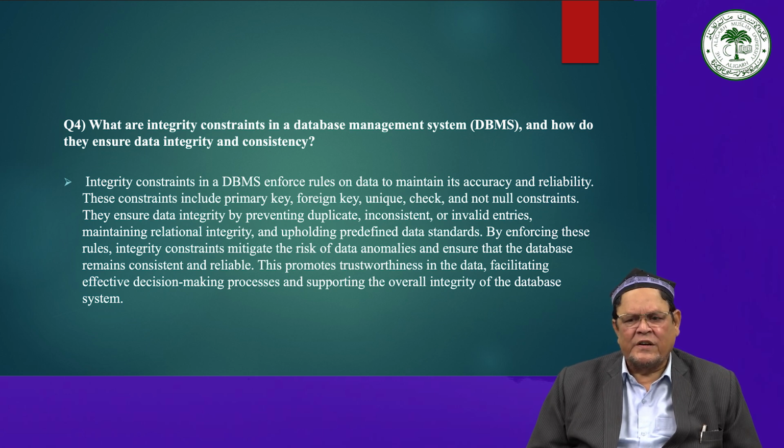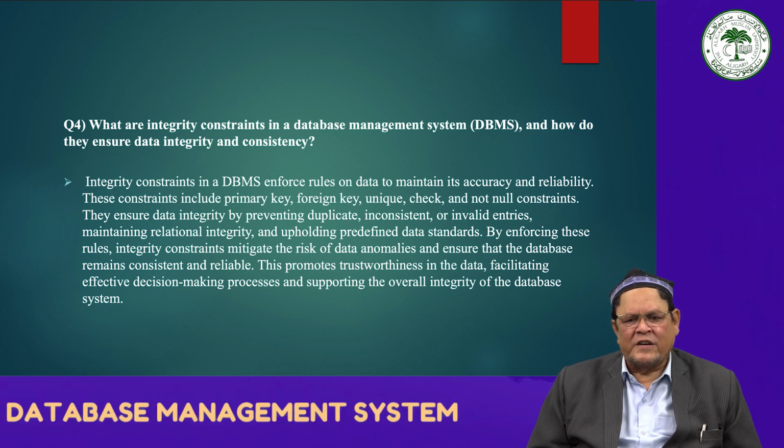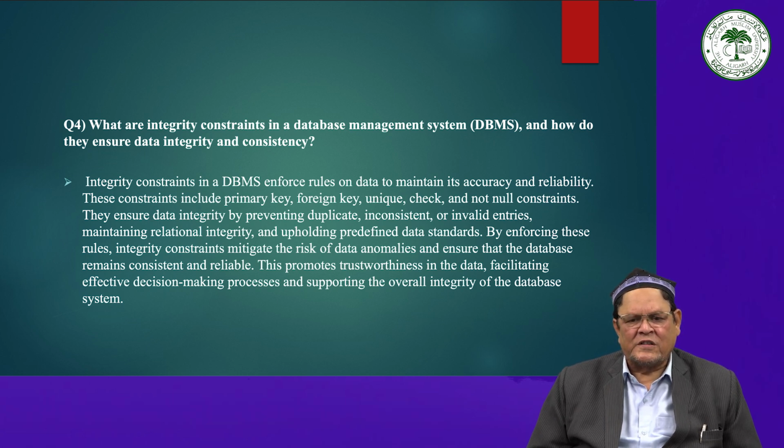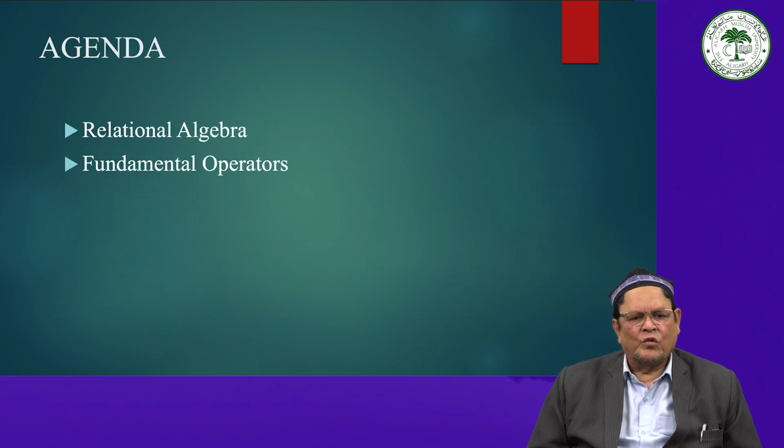They ensure data integrity by preventing duplicate, inconsistent, or invalid entries, maintaining relational integrity, and upholding predefined data standards. By enforcing these rules, integrity constraints mitigate the risk of data anomalies and ensure that the database remains consistent and reliable. This promotes trustworthiness in the data, facilitating effective decision making and supporting the overall integrity of the database system. So now let's begin.